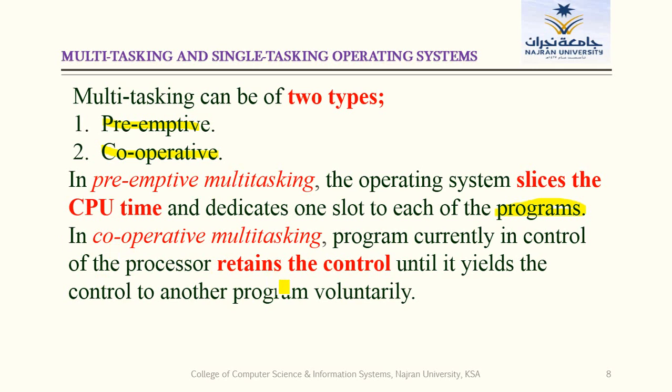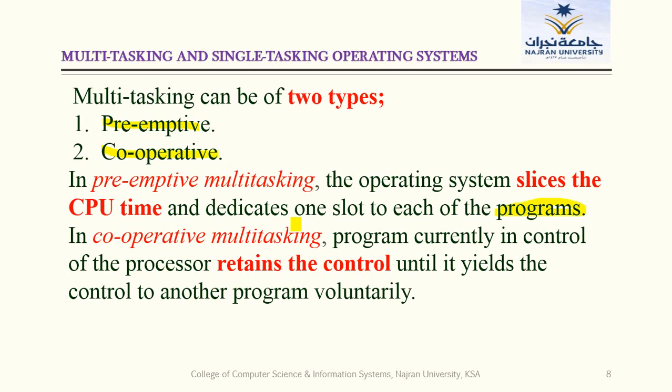But in cooperative multitasking, it is the opposite. The program currently in control of the processor retains the control. It will keep the control until it yields the control to another program voluntarily. In the preemptive approach, we can force the program to stop and give control of our processor to another program. But in cooperative it's not possible because it depends on the program.